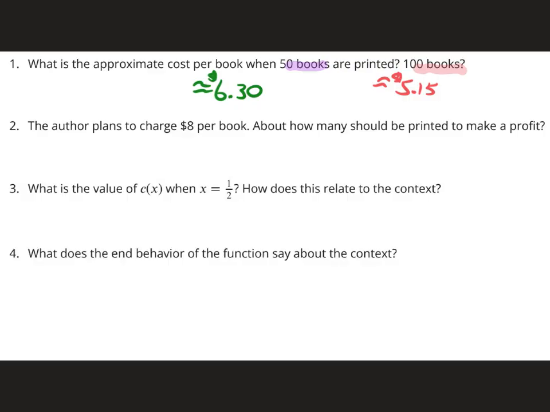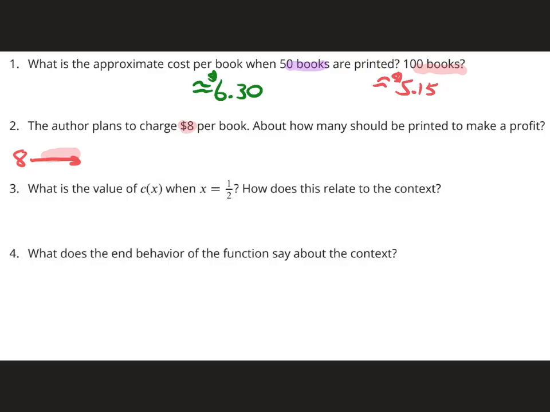So now, the author plans to charge $8 per book. How many books should be printed to make a profit? So $8 is an output. This is cost. So what you do is go to 8 on the y-axis and go over to the left till you hit the graph and then go down.